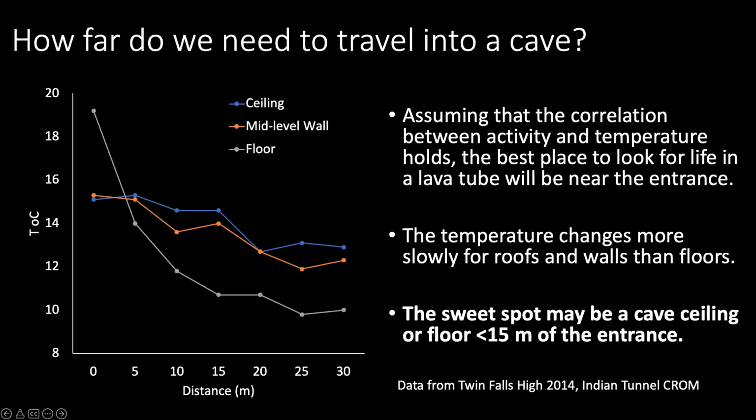But what's really amazing about this data set, and why I was so happy to add it here, is that the ceiling and the mid-level walls of the cave remain warm for fairly long distances, out to almost 20 meters, which is a fairly significant traverse distance for a cave mission, given that it's so hard to land on Mars and to operate on Mars.